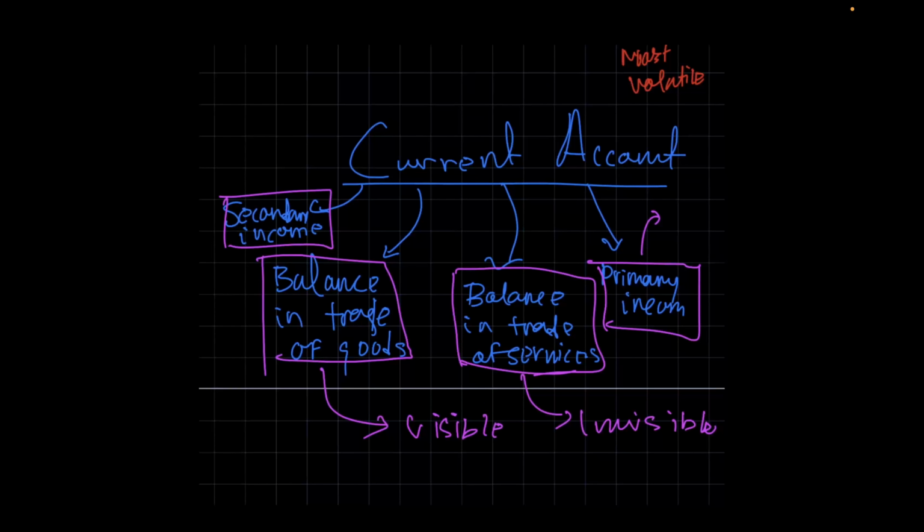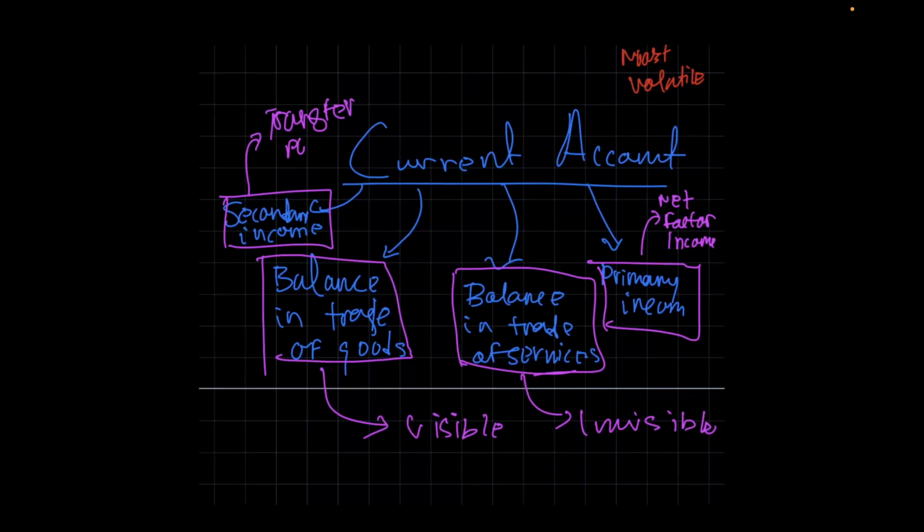So the primary income basically measures the net factor income, if that makes sense. So it measures the factor income that is received from other countries, subtracting the factor income that is paid to the other countries. Secondary income includes transfer payments.